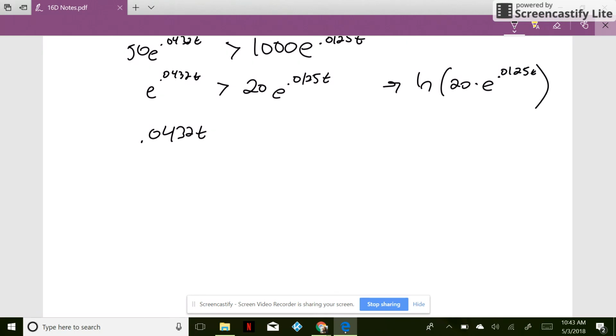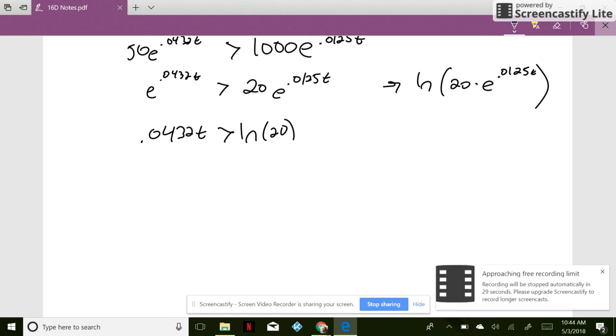Well, when you take the natural log of a product, you can rewrite it as a sum. So I take the natural log of 20 plus the natural log of e to the 0.0125t. Well, natural log of e to the 0.0125t is just going to be 0.0125t.